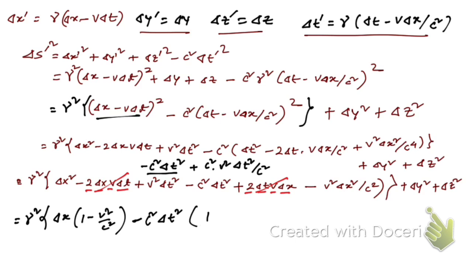As I have taken the minus 1 common, minus c square t square common, and this plus is gonna be minus, right? On taking minus sign common, this sign will be changed. So here we're gonna have c square, this c square is taken common now, and t square is taken common now. So we're gonna have v square by c square, right?